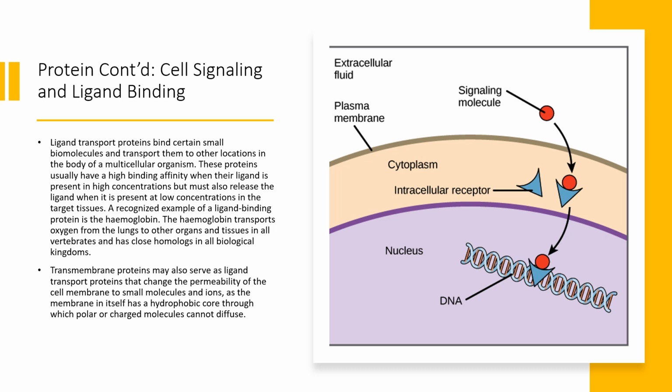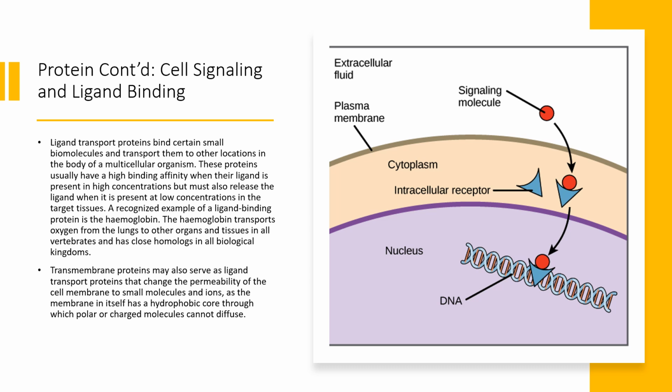A recognized example of a ligand binding protein is hemoglobin. Hemoglobin transports oxygen from the lungs to other organs and tissues in all vertebrates and has close homologs in all biological kingdoms.